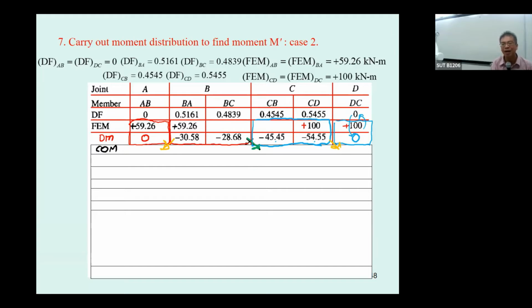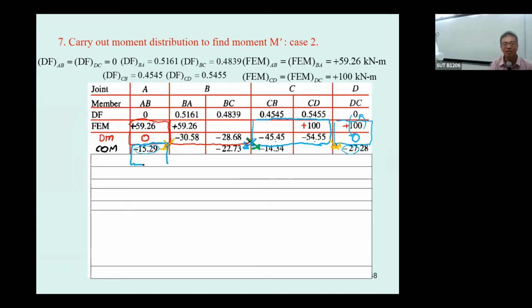From the first table, just copy all the values and plug them in like this, and this one will be reduced by half, everything is reduced by half, keeping the sign as before. And now it starts to be the unbalanced moment.